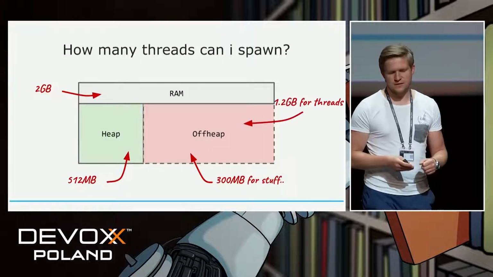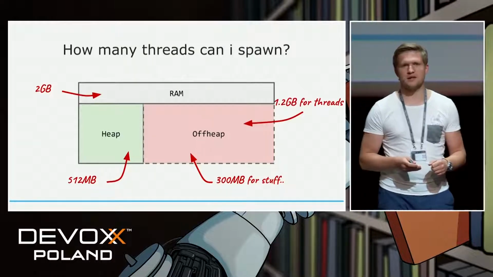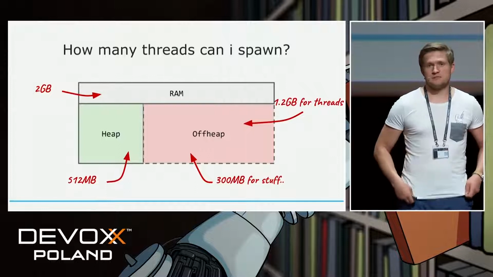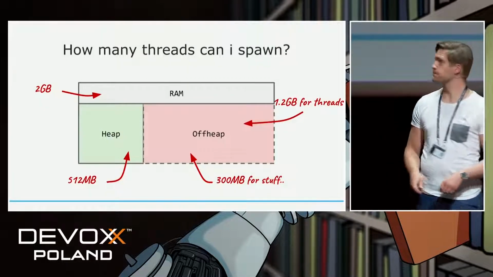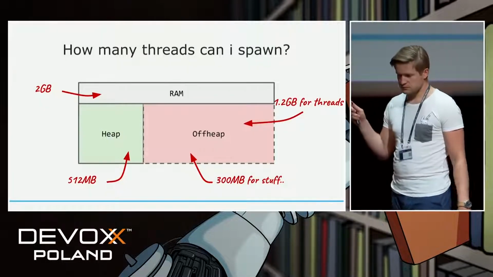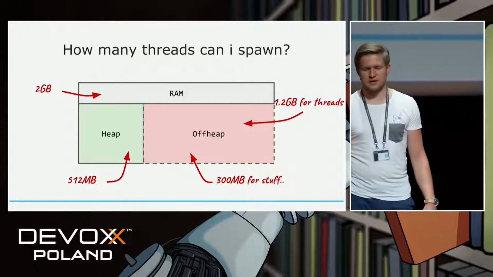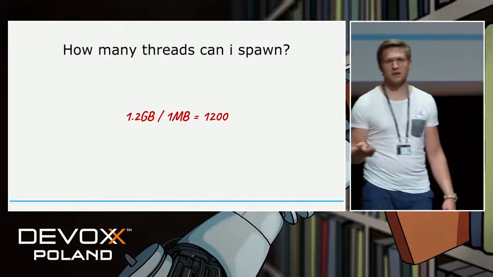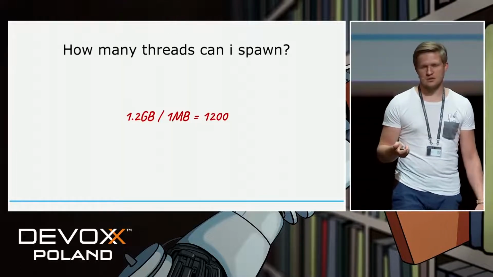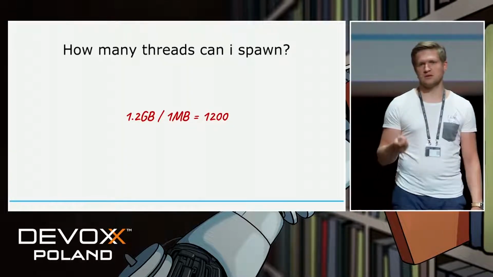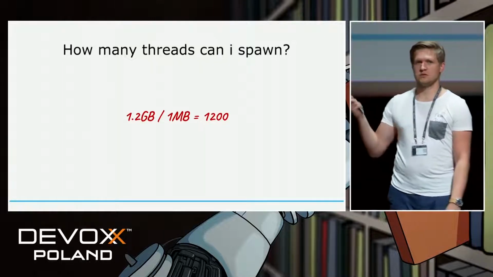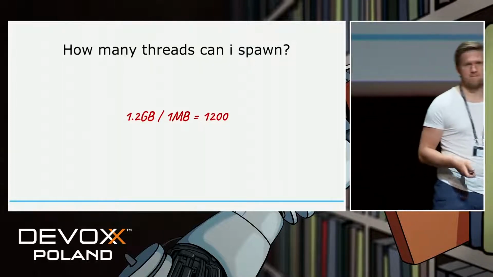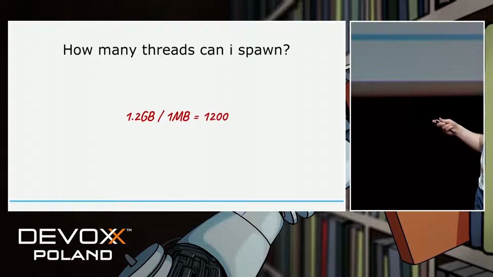It leaves us with around 1.2 gigabytes of memory just for thread stacks. Once again, complicated math: 1.2 gigabytes, 1 megabyte per thread. It should give us the ability to spawn 1.2 thousand threads. Am I right? I think I am.